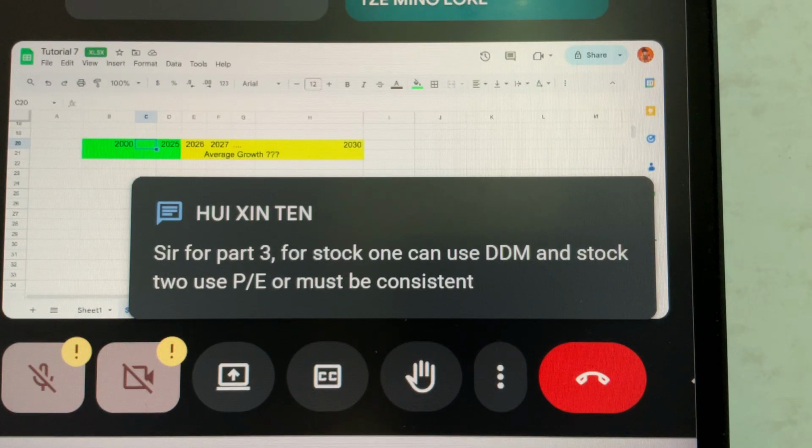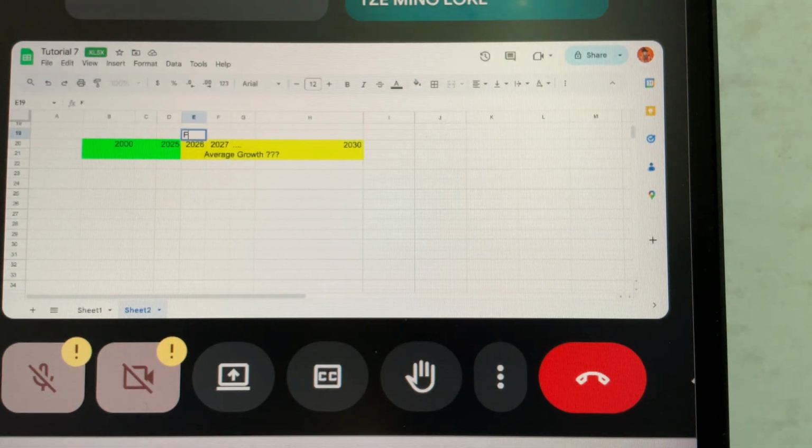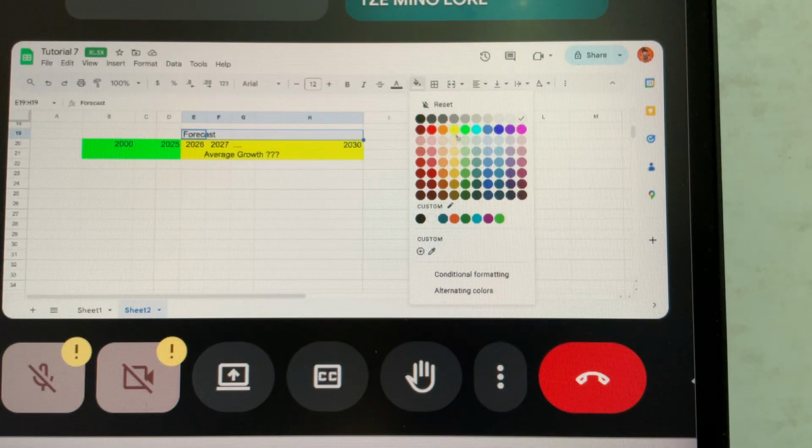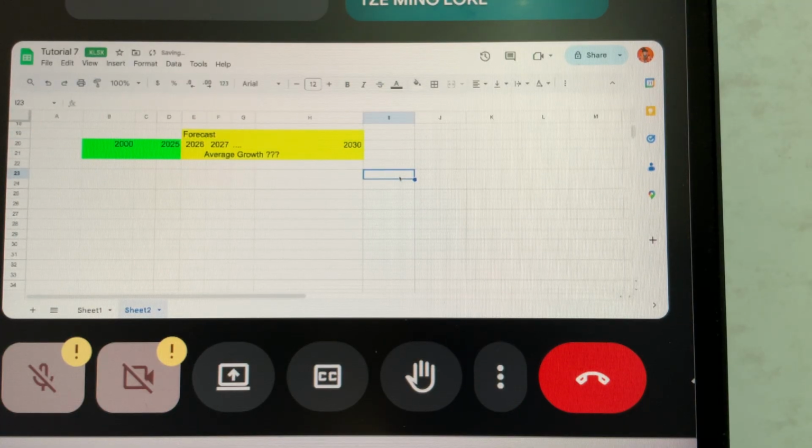Because what we are trying to do is a forecast. What is going to be the average growth for the next few years?